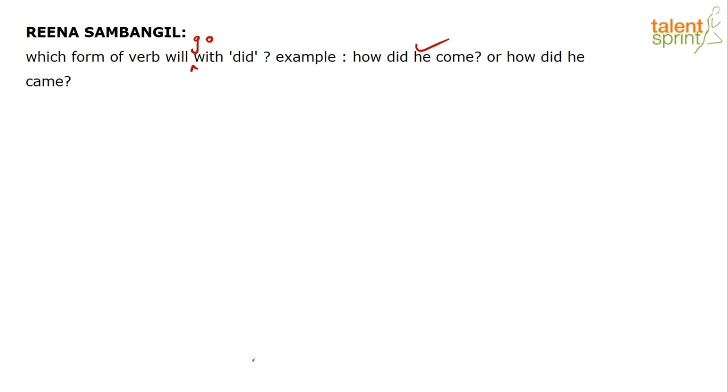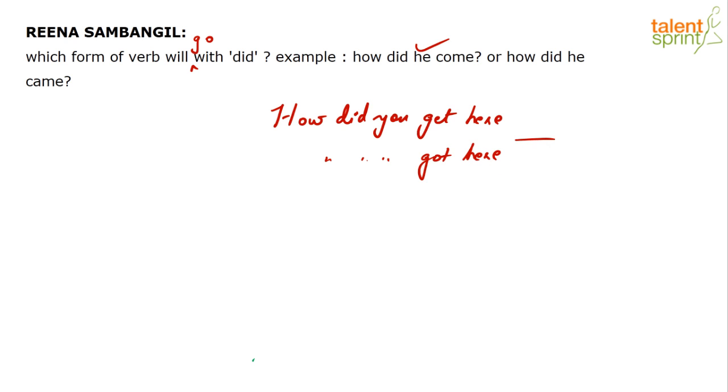So just like how did you get here? We don't say how did you got here. The sentence construction is in such a way that this is how we say it. I'm not going to spend a lot of time on this. Is Reena here?